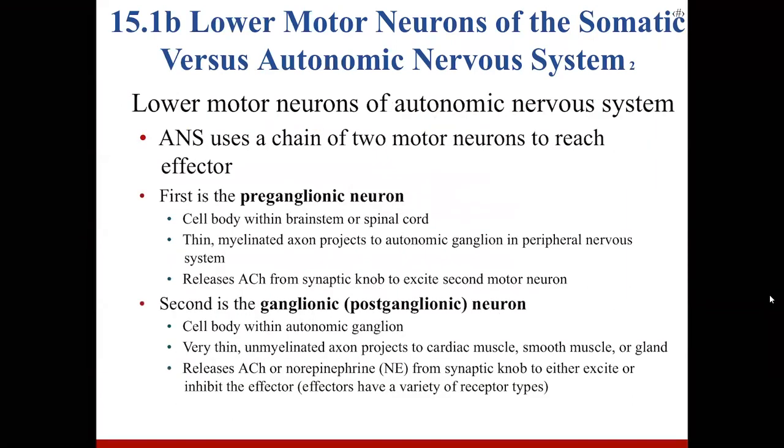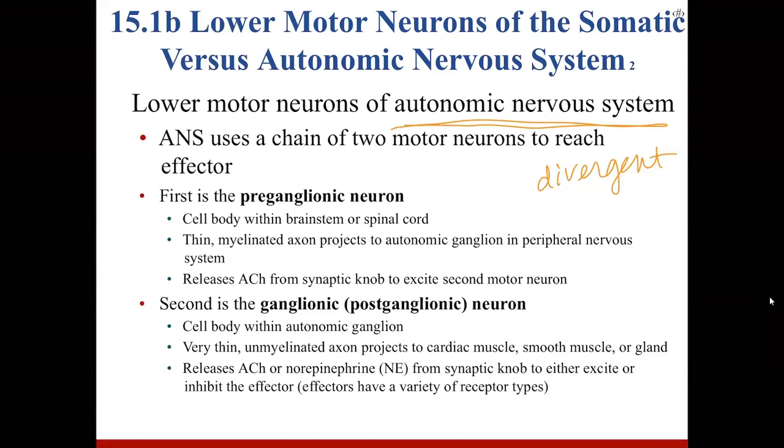Now if you look at the autonomic nervous system, it's more kind of divergent. We're not just going from one place straight to the other place. Sometimes we have information that goes broader, so we have more than one neuron to get there.